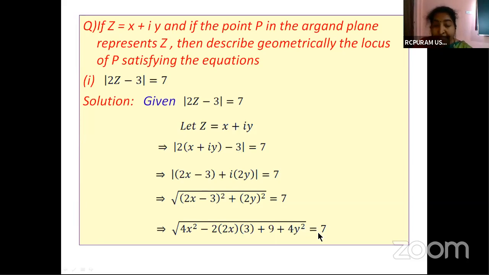Now, on further simplification, we will have it as root of 4x square plus 4y square minus 2 into 2x into 3, which is nothing but 12x, plus 9 is equal to 7. We will take squaring on both sides, children.